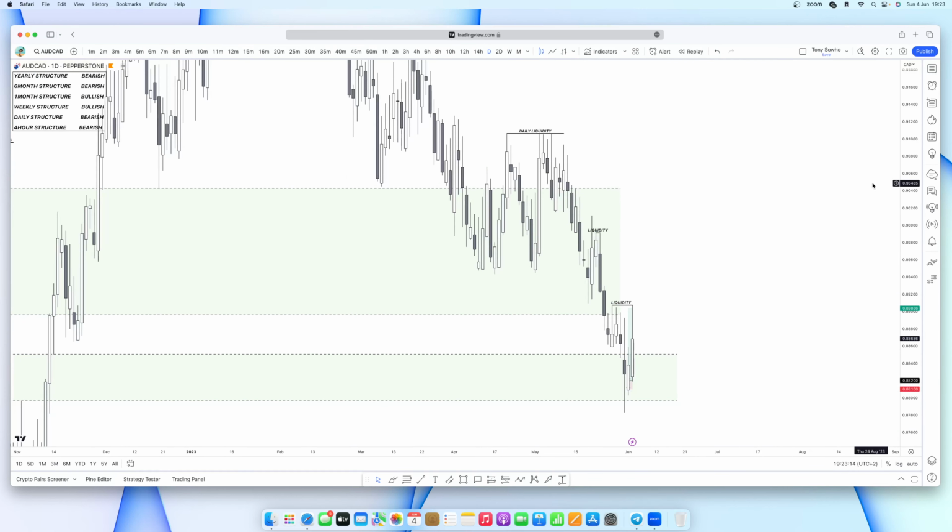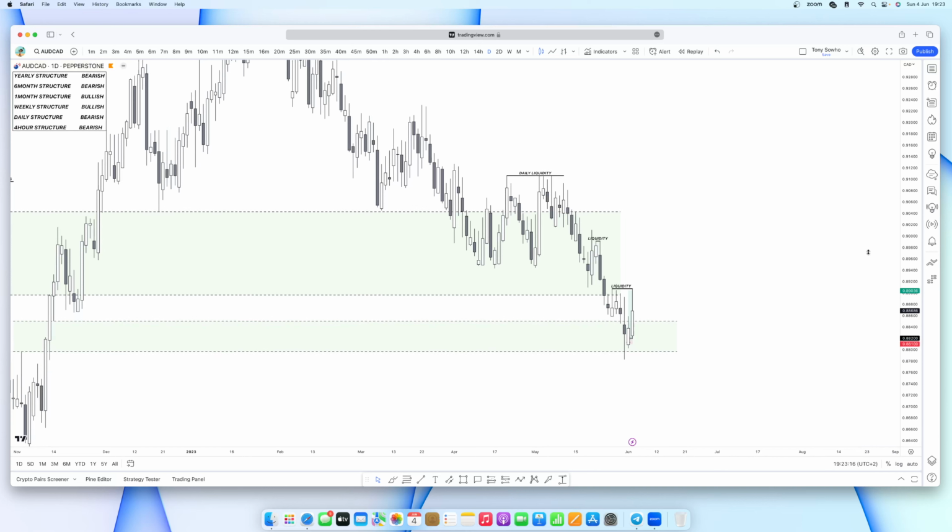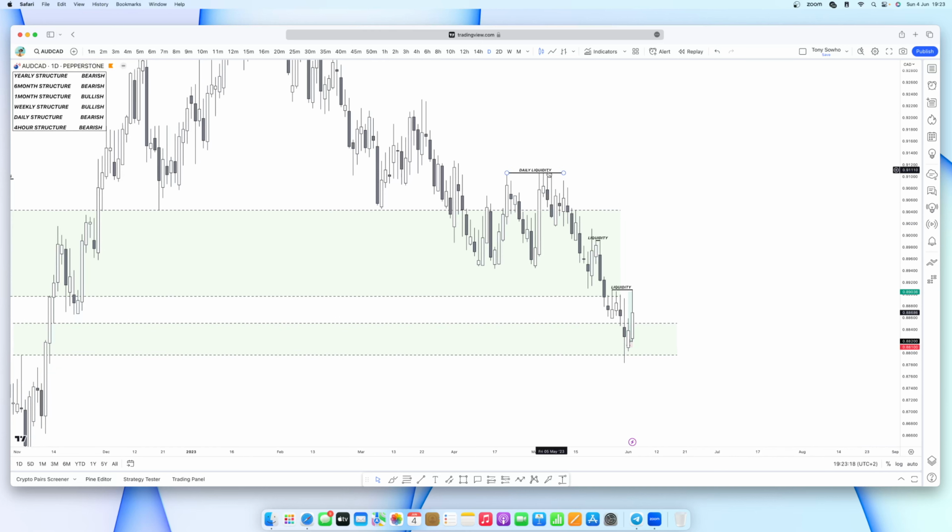I don't know if price is going to go that far, but let's see what happens. Remember, once the trade has given you your 1 to 3, the trade idea is a win for you already. It doesn't have to go that far, because from where price is now to this is about 240 pips. So I'm just going to wait to see if it's going to happen.